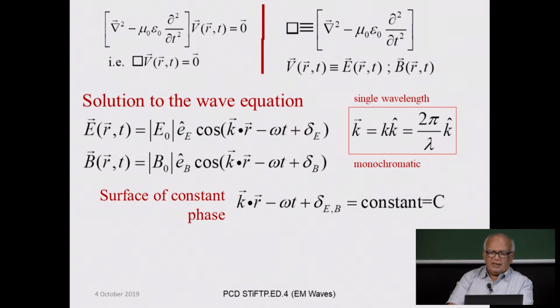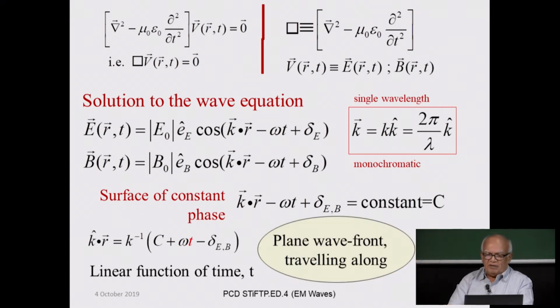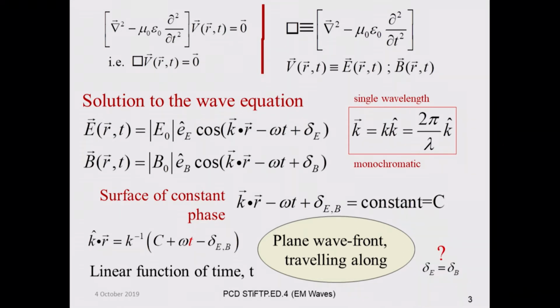So, you can see that you are having a plane wave solution, but you also see that the argument shifts with time. It is a plane wave which is a linear function of time, which is why it is a propagating plane wave, a travelling plane wave. So, this is a plane wave front, and we know that it is travelling along a particular direction. We still do not know if delta E and delta B are equal, they may or may not be.